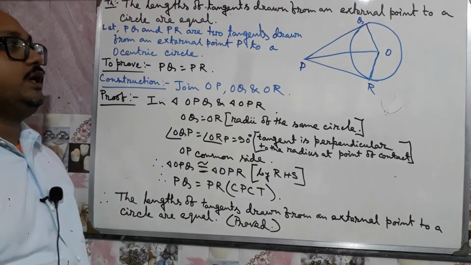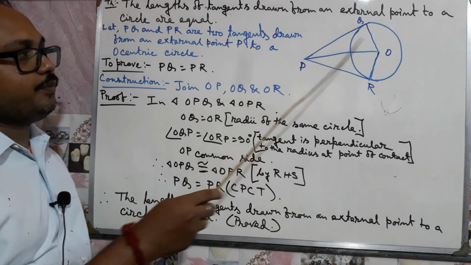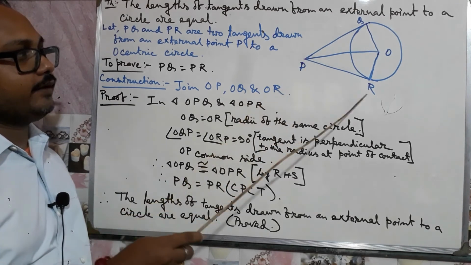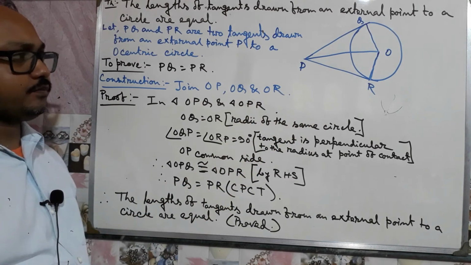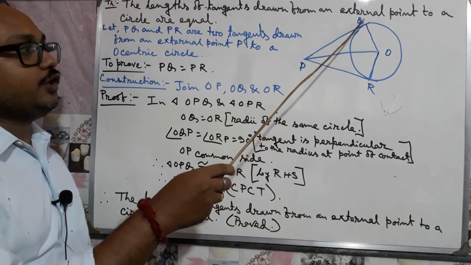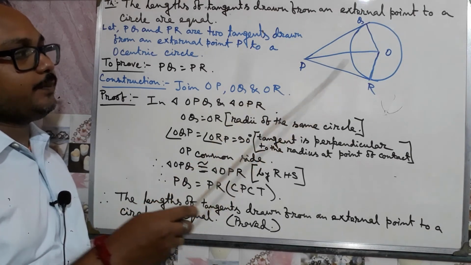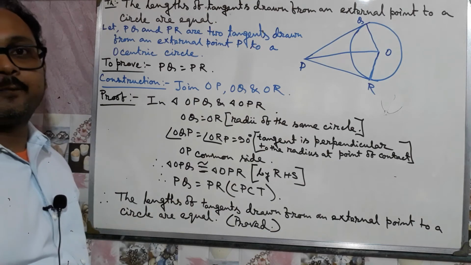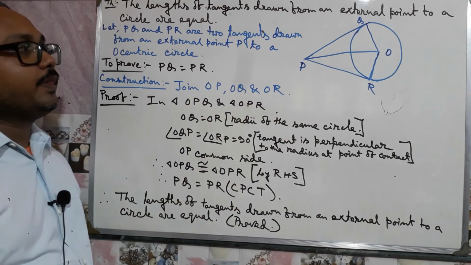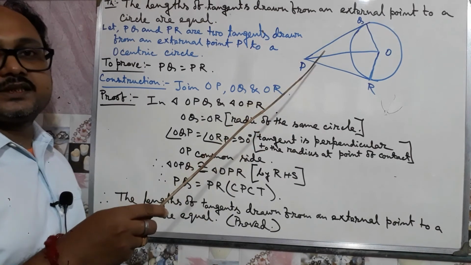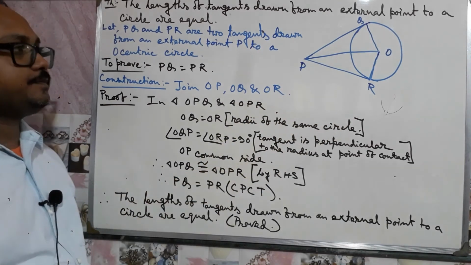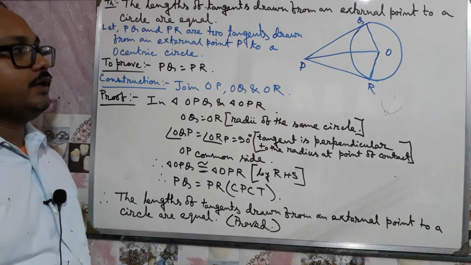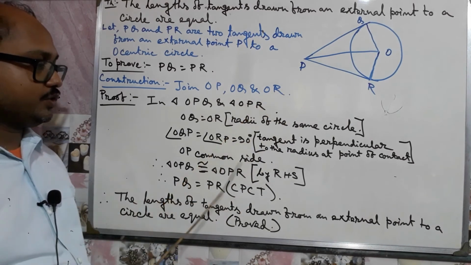Now, proof. In these two triangles OPQ and OPR, OQ is equal to OR, radii of the same circle. Angle OQP is equal to angle ORP equal to 90 degrees. Why? As we know, the tangent is perpendicular to the radius at the point of contact, and OP is the common side.